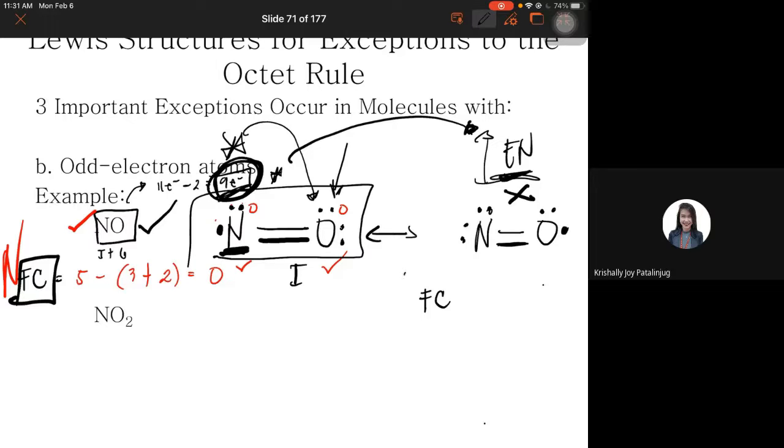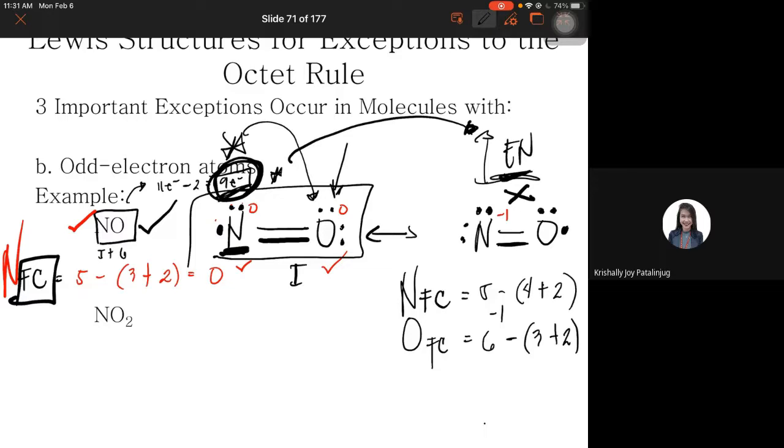Let's try to check. Nitrogen here, again, has 5 valence electrons. It has 4 lone electrons plus two bonds. So this would carry negative 1. Negative 1 is its charge here. What about oxygen? Oxygen's formal charge here: it has 6 valence electrons, and lone electrons 1, 2, 3. Does it have bonds? Yes.